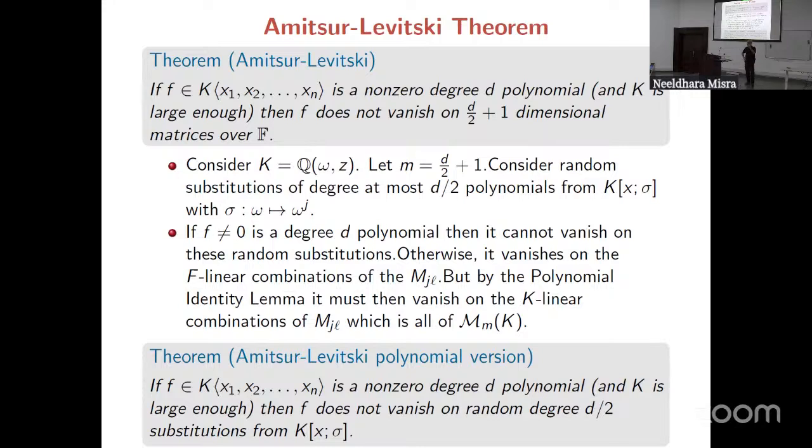So the basic point is that I can do random substitutions of degree d by 2 univariate polynomials, except that there is a sigma tagging along, where that sigma is a non-trivial automorphism of order d by 2 plus 1.